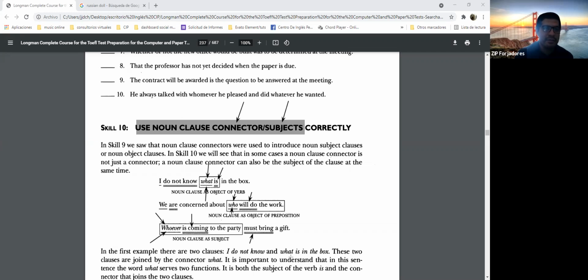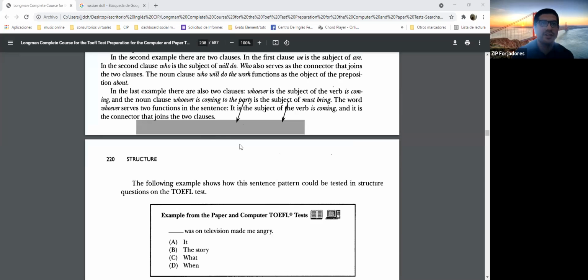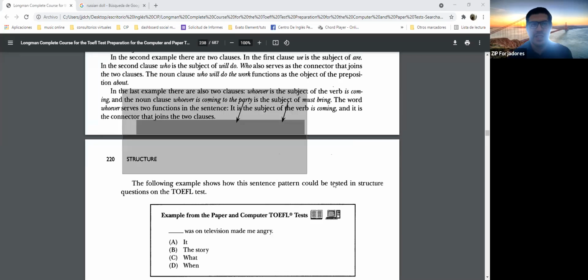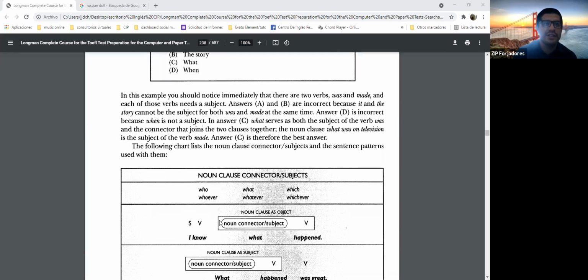Okay, and the second verb must bring a gift, or the main verb of the sentence. So be careful because this one can be confused with the one that we have seen before. The thing about this is that you're going to differentiate them because they are not the same connectors in some cases.